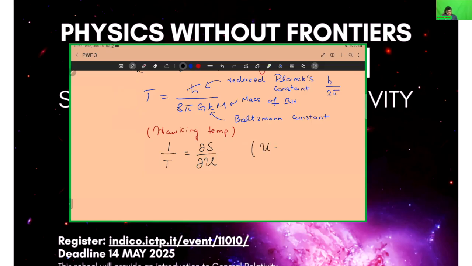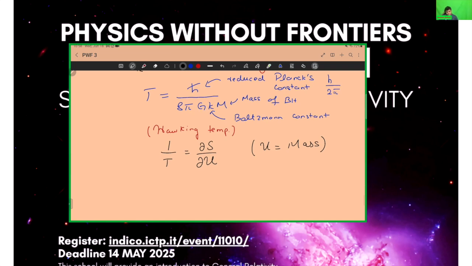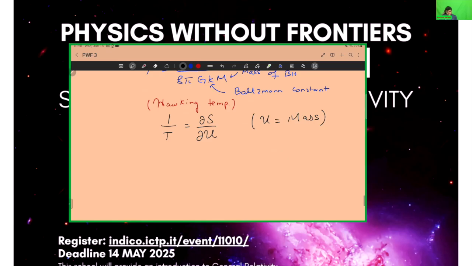For black holes, internal energy is just mass. I mean, there can be other modes, but let's talk about mass only. If you use this relation, you can write down the expression for the entropy of a black hole, and it turns out to be this, 4π.